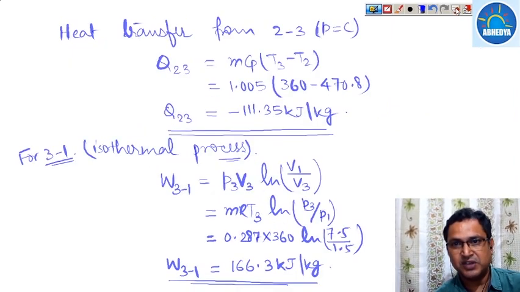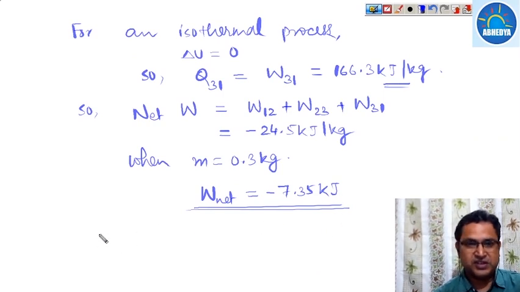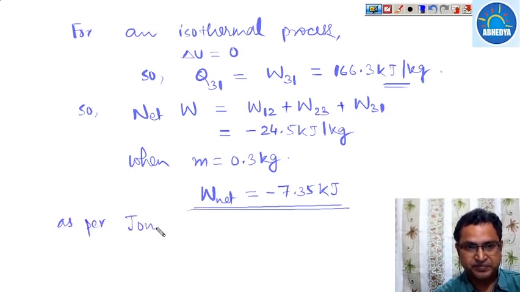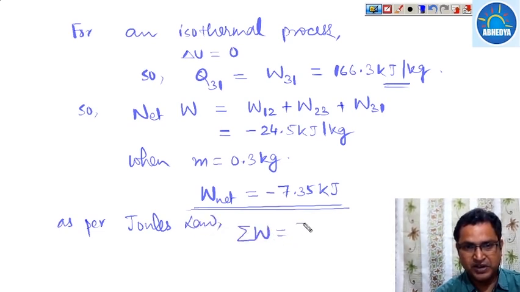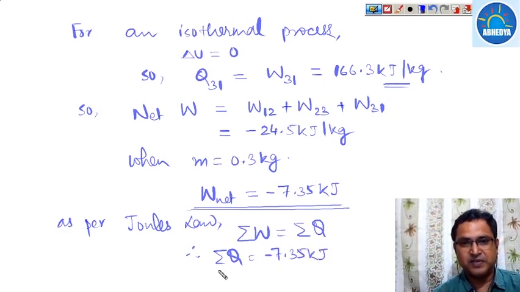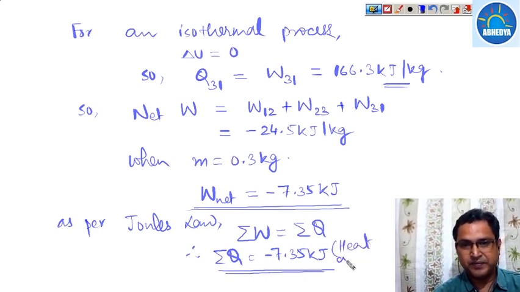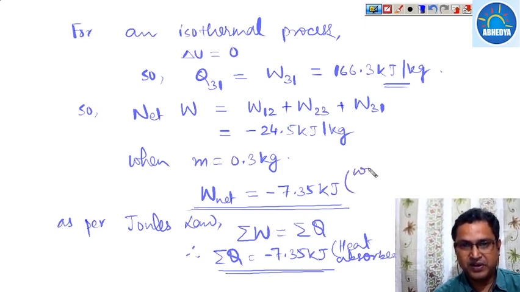This much work has been done onto the system, and as per Joule's law, summation W for any cyclic process is equal to summation Q. Therefore net heat transfer is equal to minus 7.35 kilojoule. This negative sign shows that this much heat has been absorbed. So this is heat absorbed, and this much work done on the system.